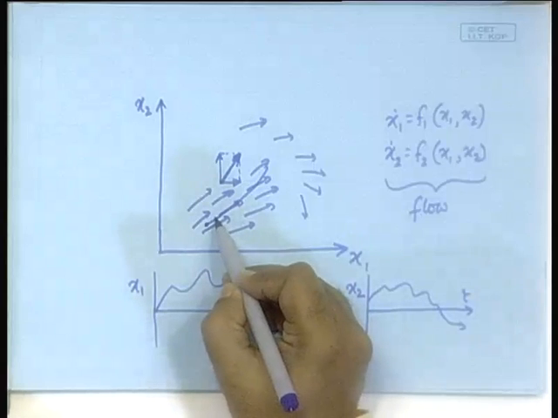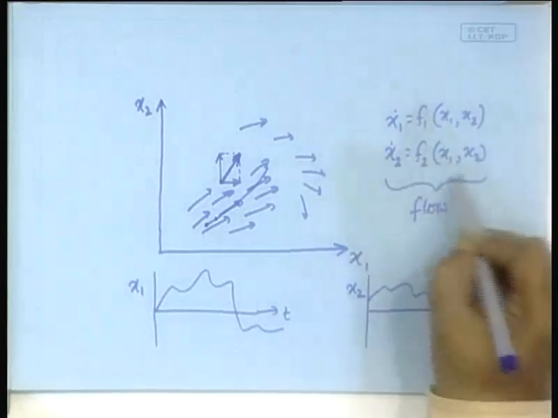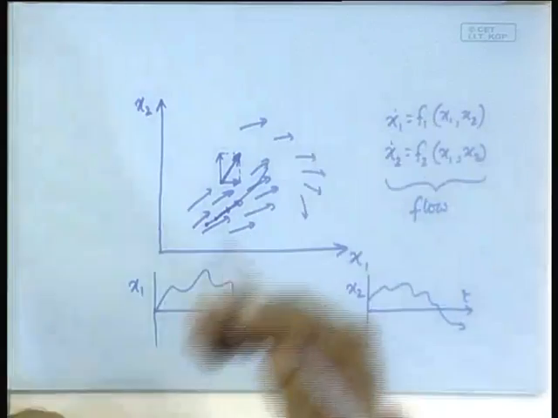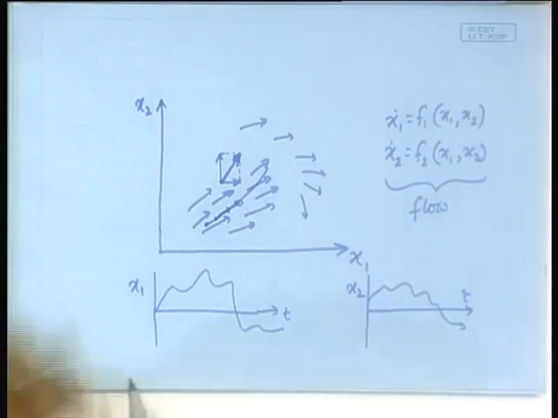I come to this point, at this point again I evaluate the right hand side and I again draw the vector, and so on and so forth. Yes, that is the simple thing that you can do, and that is what is actually done in many cases.